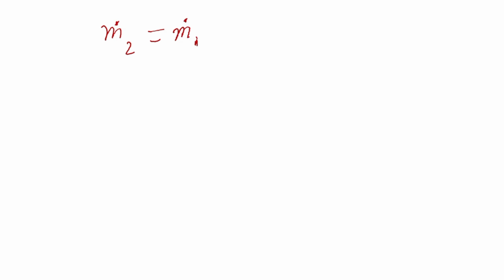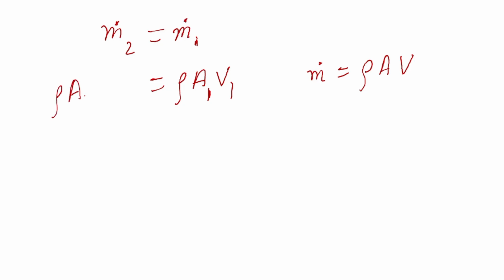So what had we previously mentioned? What's the relationship for finding mass flux? Mass flux is given by rho, the density of the fluid, times area times velocity. So essentially this can be rewritten as density, area of the inlet times velocity of the inlet, is equal to, on the outlet side, density of the outlet, area of the outlet, and velocity of the outlet, right?